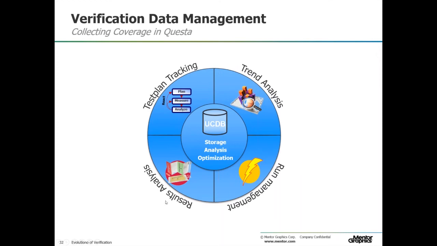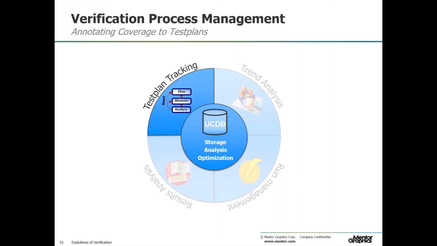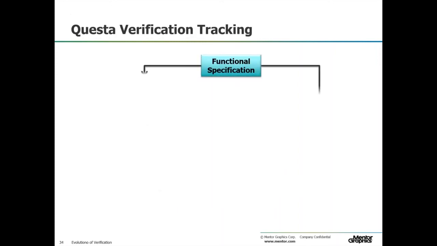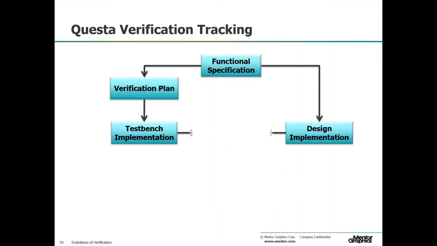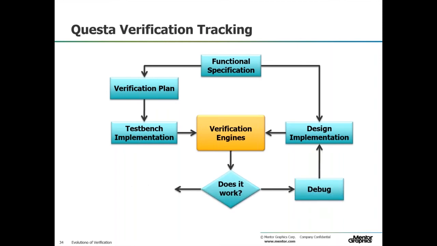I'm not going to touch on either of these, but I will give a little more information on the test plan tracking and the verification run manager. So let me talk about that in a little bit, but first let's talk about the test plan tracking. So if we go back to this diagram that I kind of showed a version of earlier, are we done? How does it work?